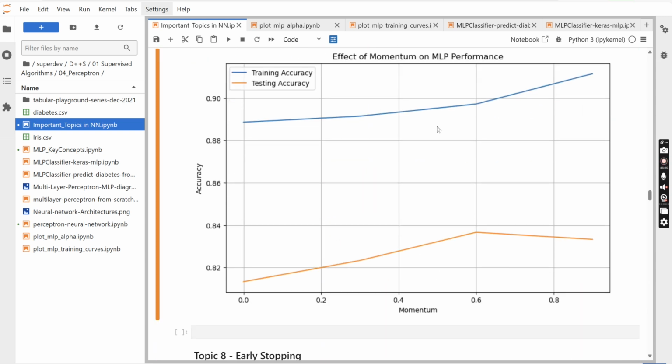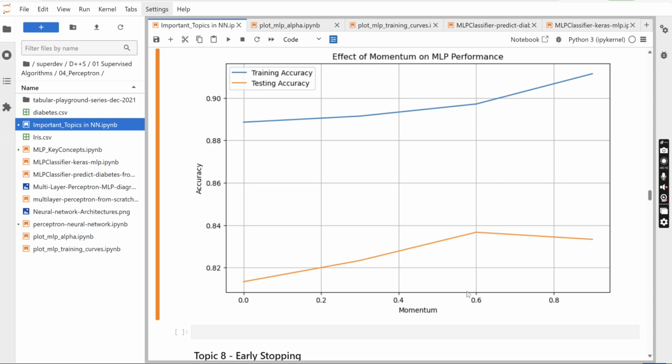So notice what is happening here. When you specified 0.9, momentum is kind of too high. From this graph I think it's not properly understandable, but okay. If momentum is 0, training accuracy was lower. As you increase the momentum, training accuracy increased, as well as the validation accuracy to a certain extent.